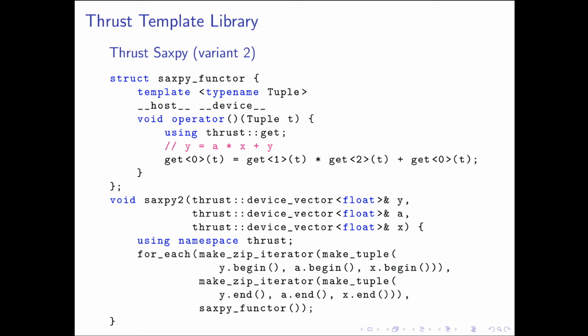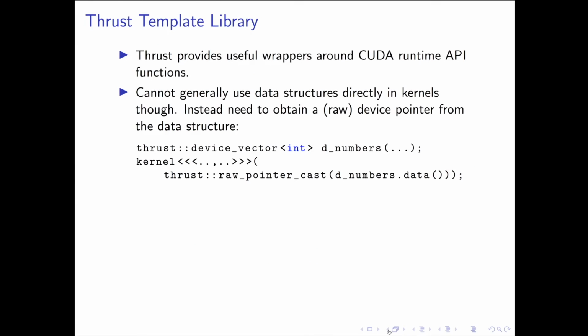And therefore, it's very much worth a look whenever you are in need of a certain algorithm, if it isn't supplied by thrust. One thing that is a bit inconvenient about thrust is interoperability with custom CUDA kernels. In general, this is supported, but the syntax for that is a bit arcane. Usually you have those device data structures like your device vector, and in order for your CUDA kernels to interoperate with those, you cannot just pass in a reference to the vector or a pointer to it, because the device vector will just not work on the device.